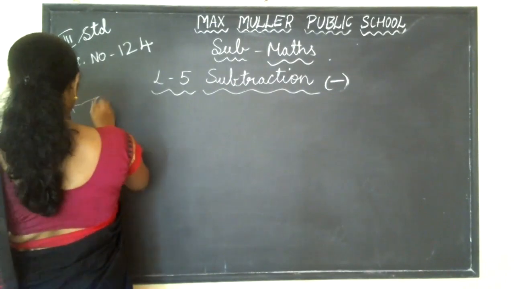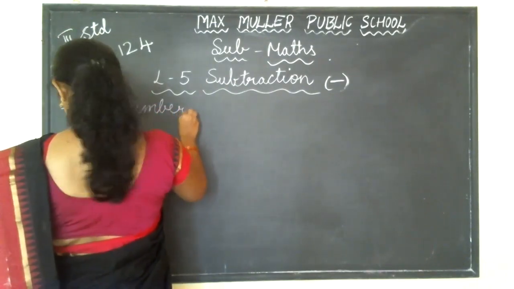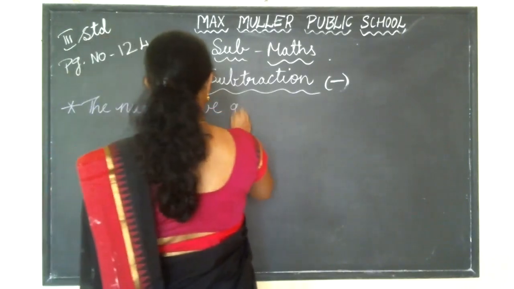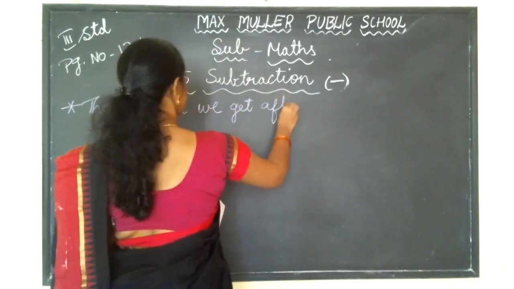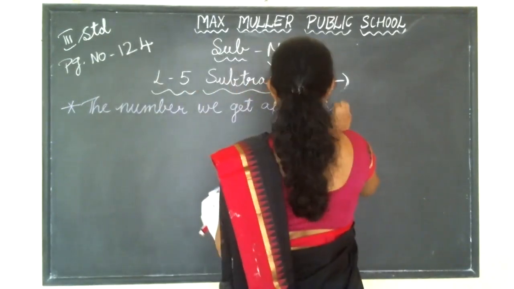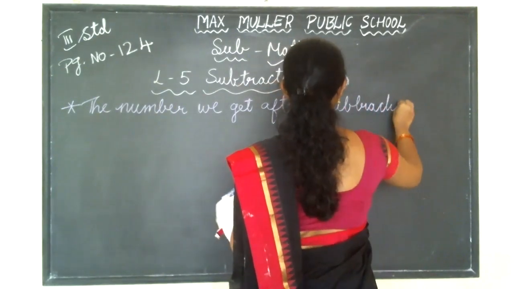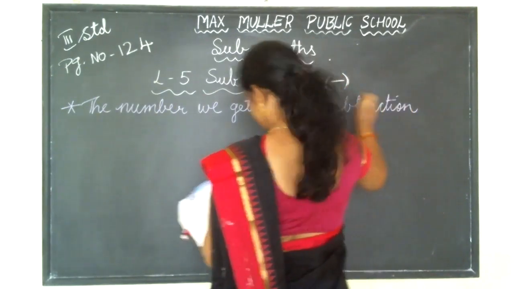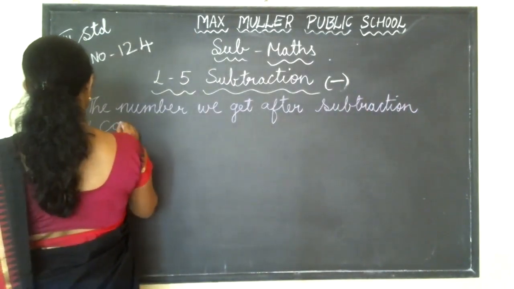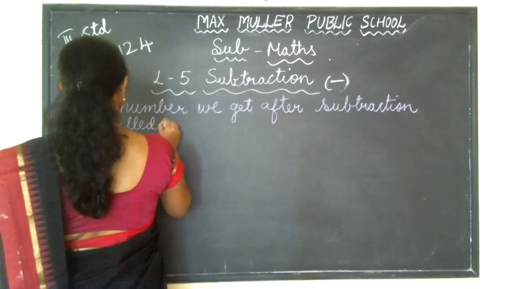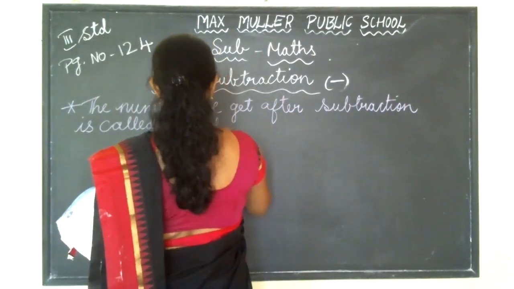The number we get after subtraction is called the difference.